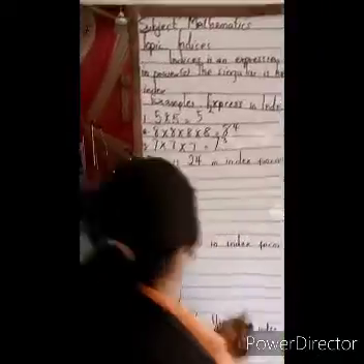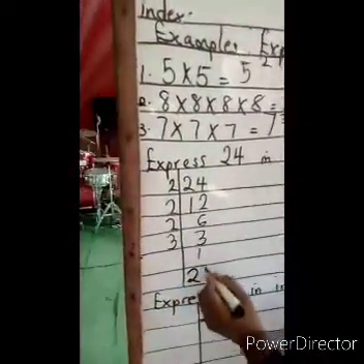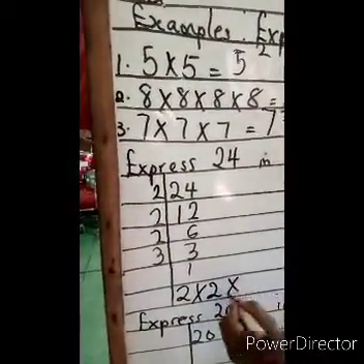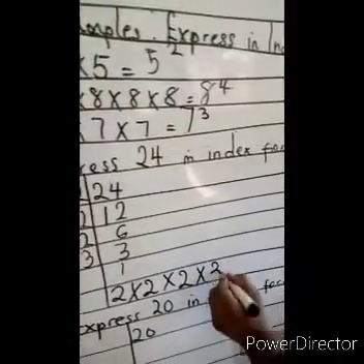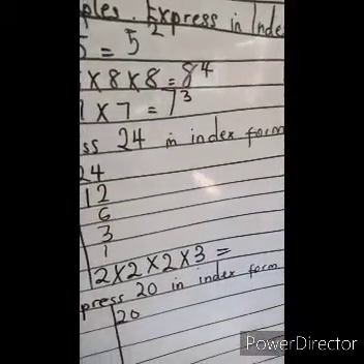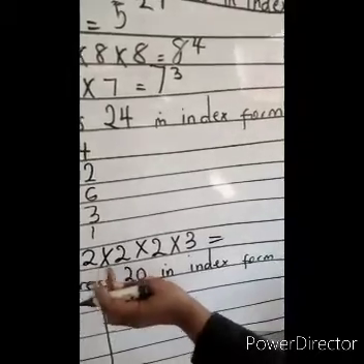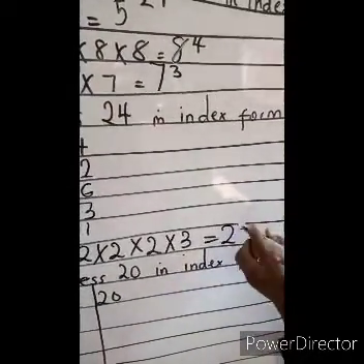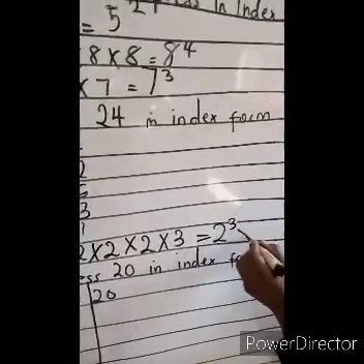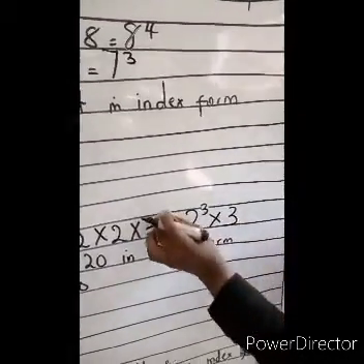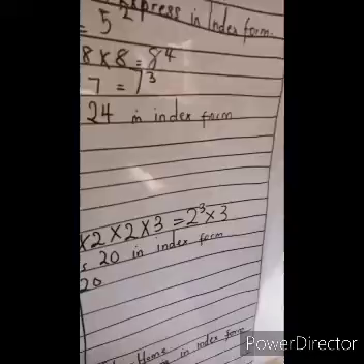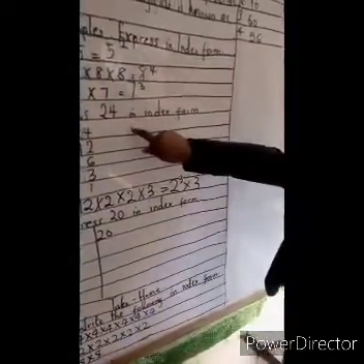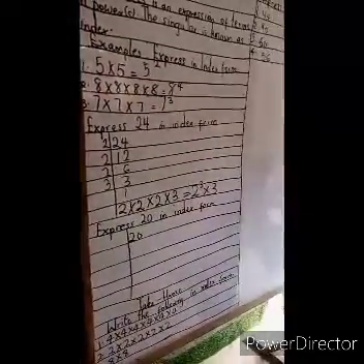Now, our answer is 2 times 2 times 2 times 3. We need to write this in index form. So we count the number of 2s: 1, 2, 3. So 2 raised to the power of 3 times 3. There is no power on the 3. So that solves our 24 in index form.